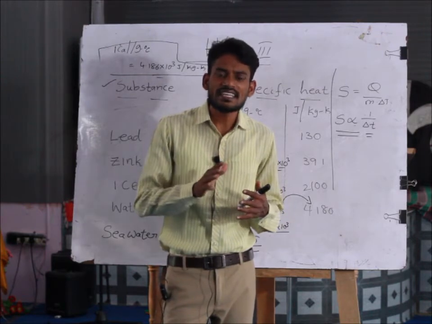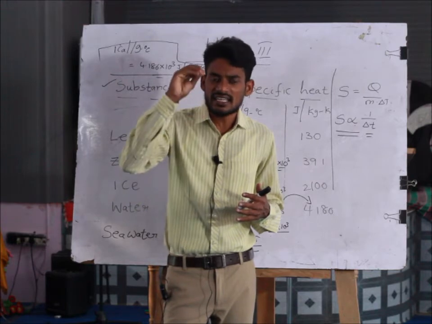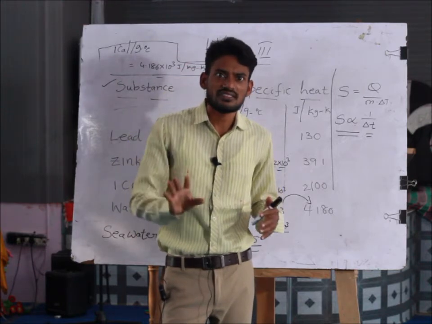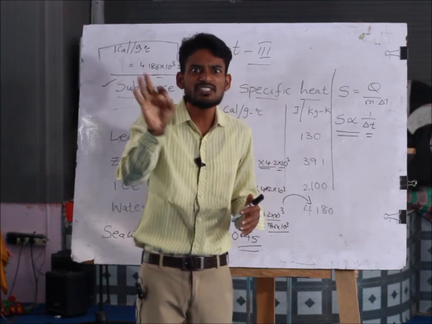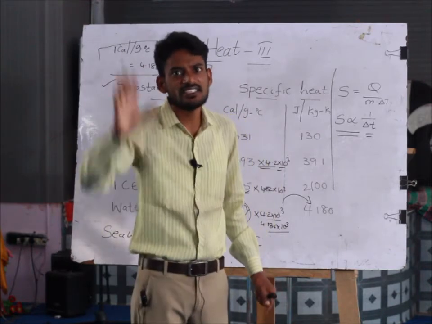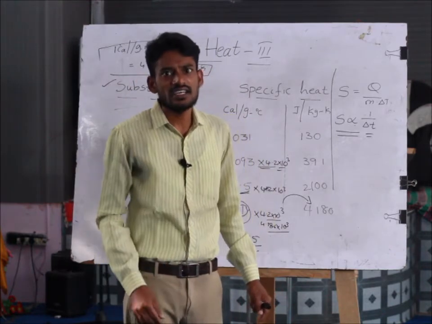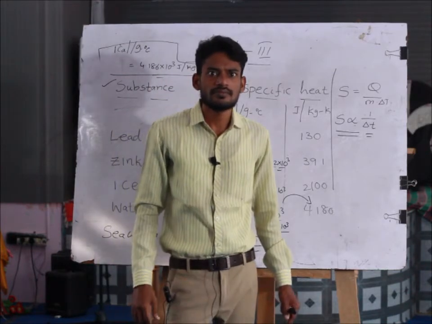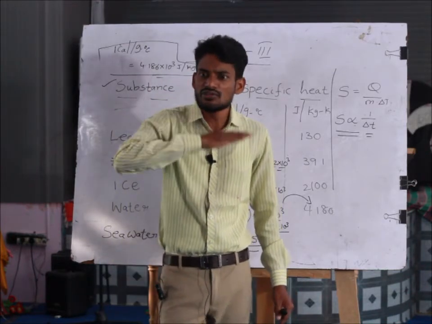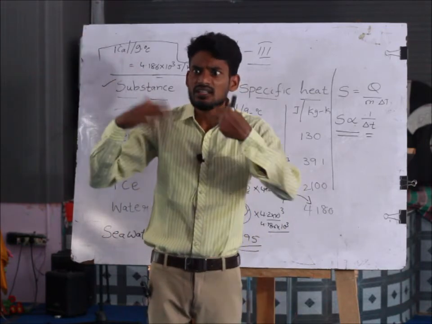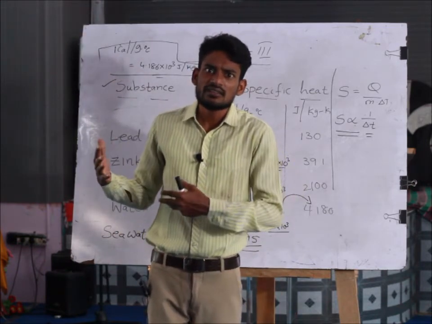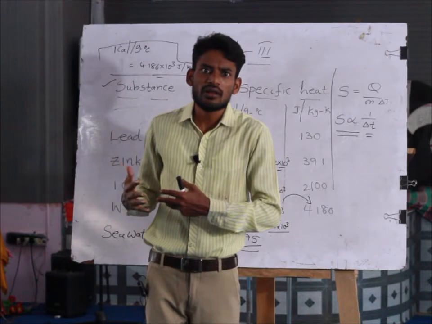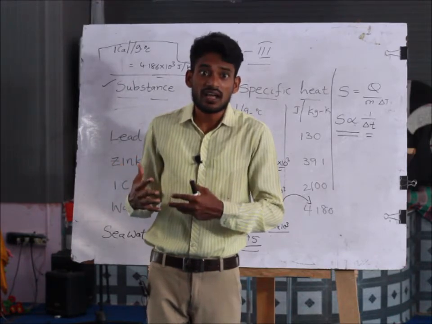Above land, it gets temperature too fast and it loses its temperature too fast. That means land has low specific heat. Water has the highest specific heat. With the highest specific heat, rise and fall of temperature is too low. That's why in summer days, Hyderabad people feel uncomfortable.